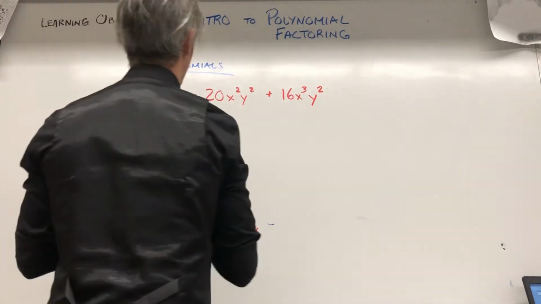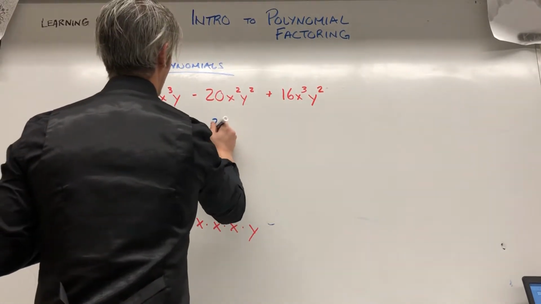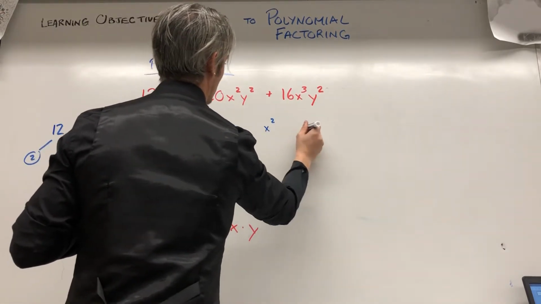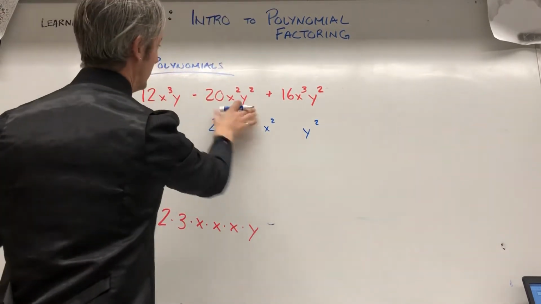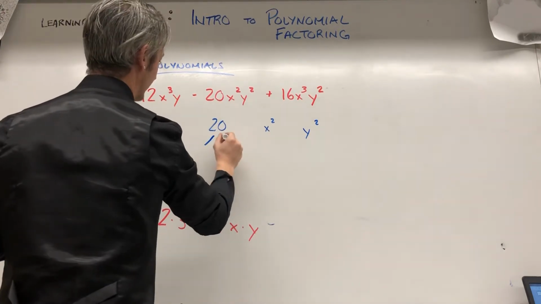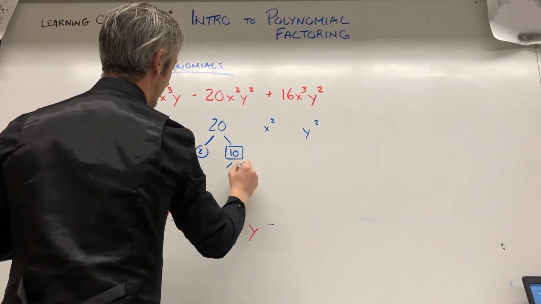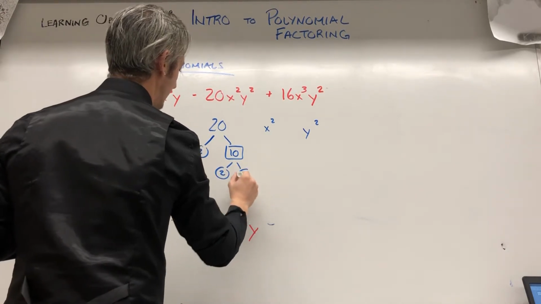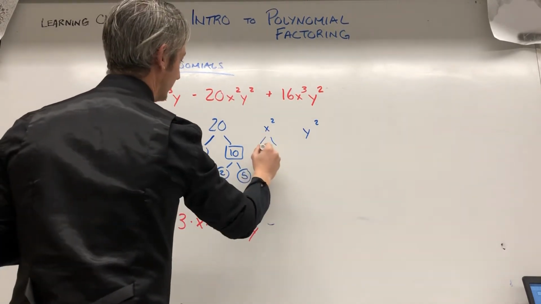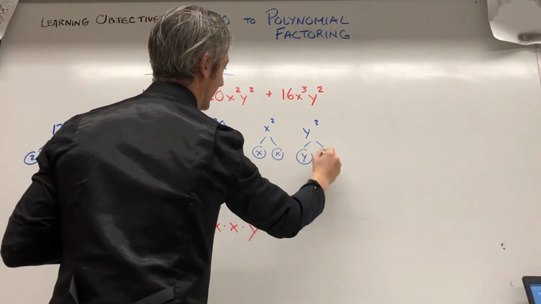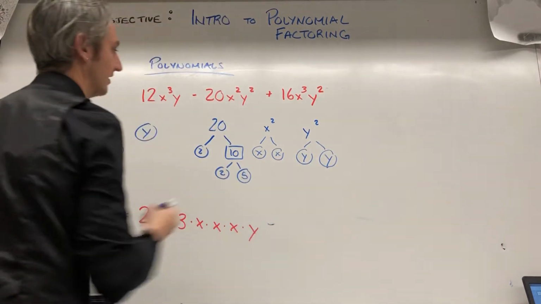Okay, next part here, we've got 20x²y². I'm just spreading them out so that I can have space to do my factor tree. So this is 2 and 10. 10 factors to 2 and 5. This factors into 2 x's, and this factors into 2 y's. y times y is y squared, x times x is x squared.